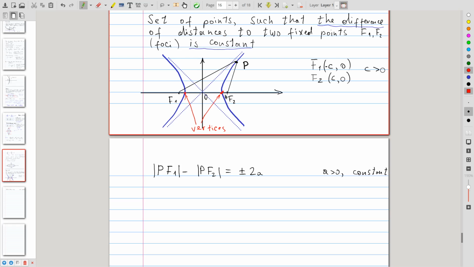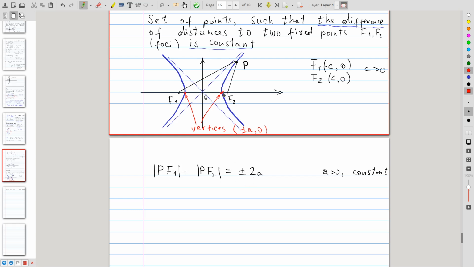For the ellipse, we had foci living inside the ellipse, and so it was always that c was smaller than a, where a is the coordinate of the vertices. If we denote the vertices by plus minus a,0, it becomes apparent what a is in this case. It's the same a as we have in the geometric condition.